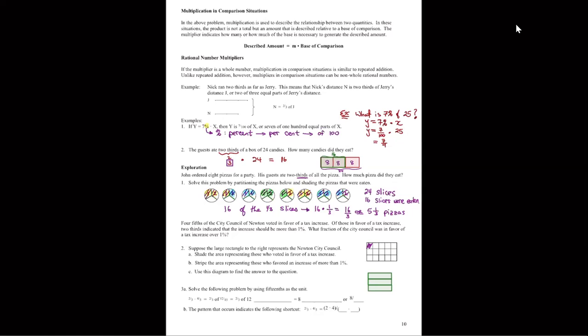It'll be a little easier. 1, 2, 3, 4, and then this is the one that didn't vote for a tax increase. 1, 2, 3, 4, and then this one didn't vote for a tax increase. And then 1, 2, 3, and 4, with this one not voting for a tax increase. All right. Either way, you're going to have 3 left over.